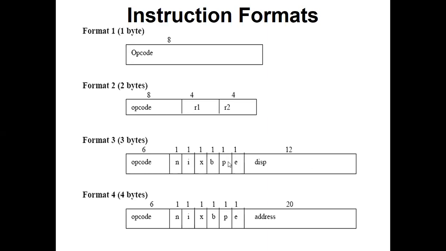Now, this format, we said, has an opcode which is 6 bits. Then we have some flags there, flags N, I, X, B, P, and E. And then displacement in the case of format 3. And then for format 4, which is 4 bytes, we have the opcode again, 6 bits, those other 6 flags, and then the address.